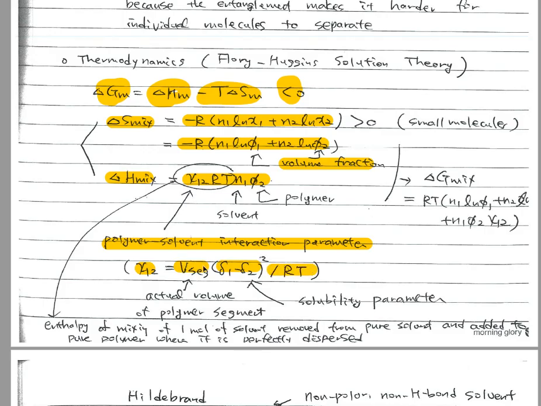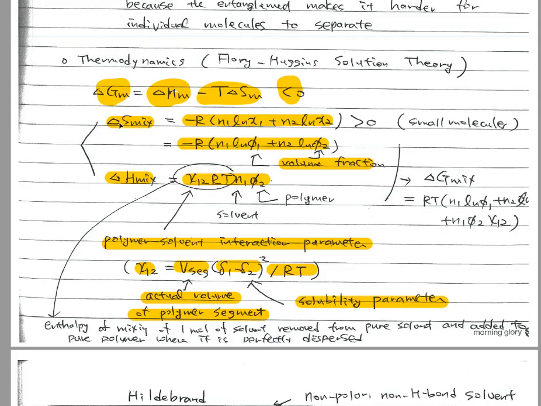Here V is the actual volume of the polymer segment, okay? And delta 1 and delta 2 are called solubility parameters. Delta 1 is the solubility parameter of the solvent, delta 2 is the solubility parameter of the polymer. It looks a little bit complicated, but we don't really need to memorize them. We simply need to understand what some of these variables mean.